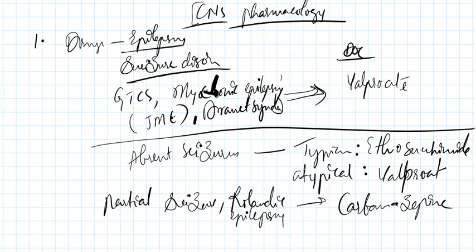So simple as it is: GTCS, JME, Dravet syndrome, valproate. Absence seizures, ethosuximide if typical, and if atypical, you always go for valproate. If it's a partial seizure or Rolandic epilepsy, you go for carbamazepine. No confusion. It's a direct question. Now sometimes you may get a question on Lennox-Gastaut syndrome.